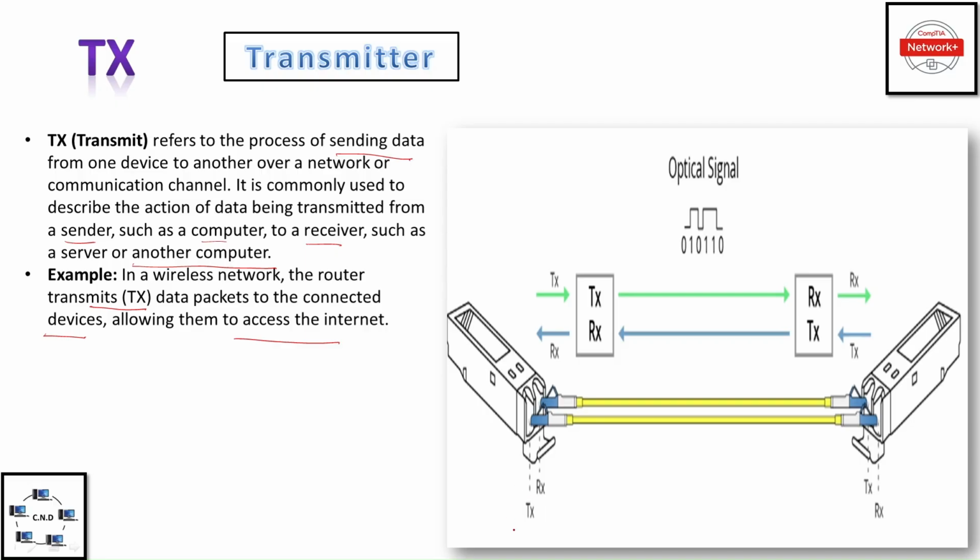Remember, we already studied SFPs and fiber optic cables that use LC connectors, and these connectors use two strands. One is the transmitter and the other is the receiver. The transmitter, that is TX, on one side connects to the RX on the other side, and similarly the receiver on that same side connects to the transmitter on the other side. So this is how the communication works.